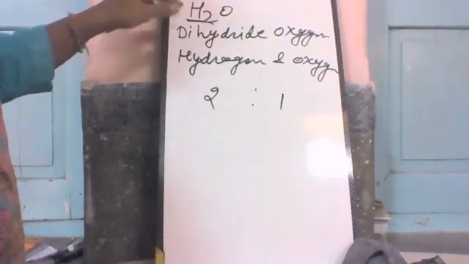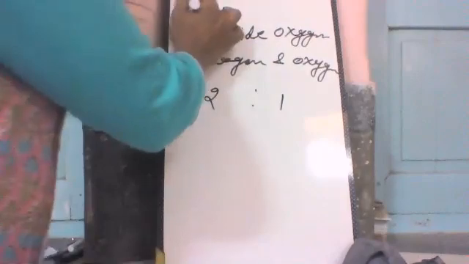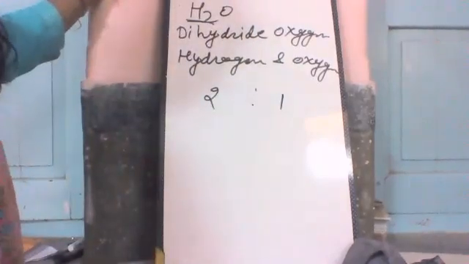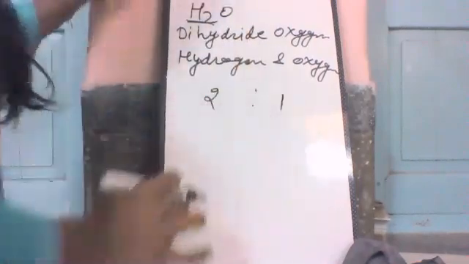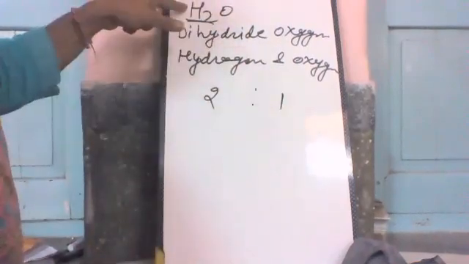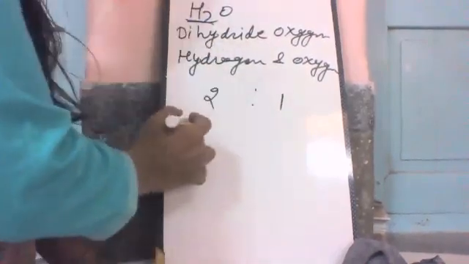The elements combining in this compound are hydrogen and oxygen. Weight and proportion: the proportion is 2:1, 2 atoms of hydrogen and 1 atom of oxygen. And what is the weight?